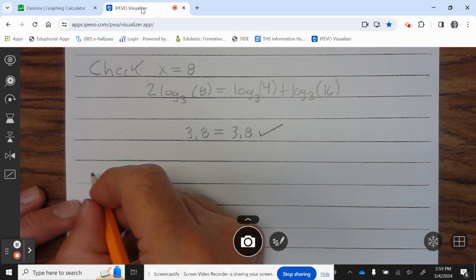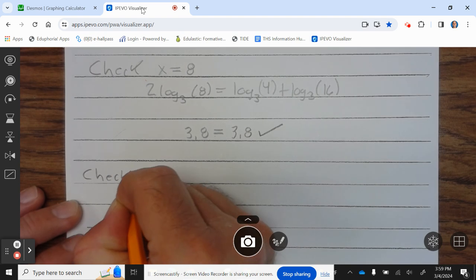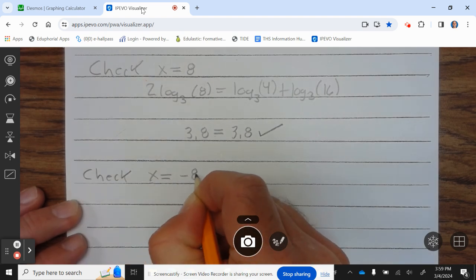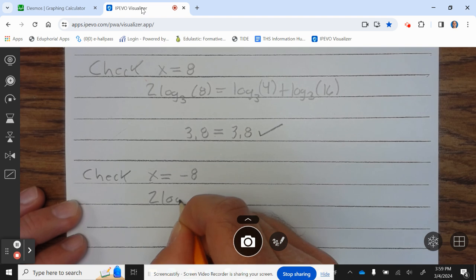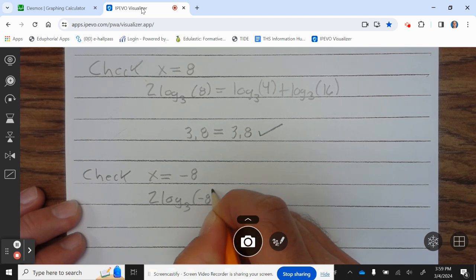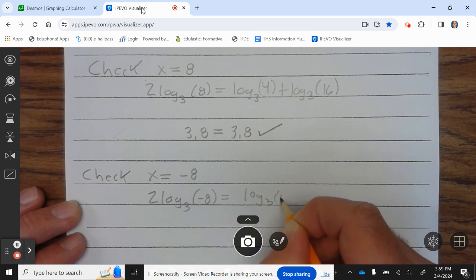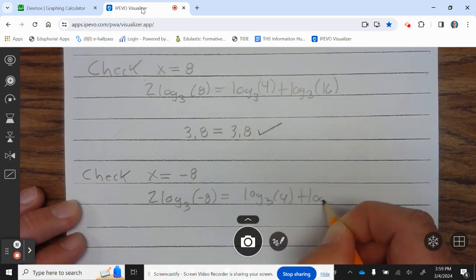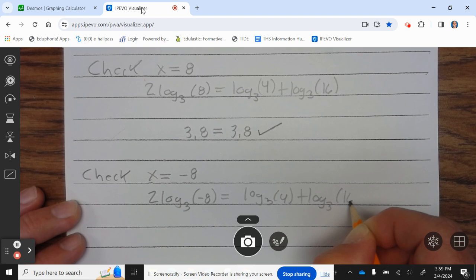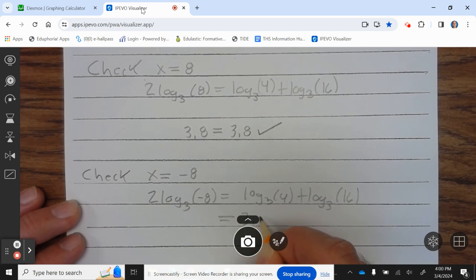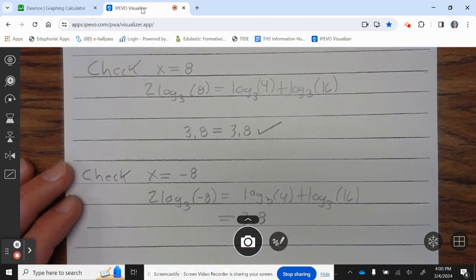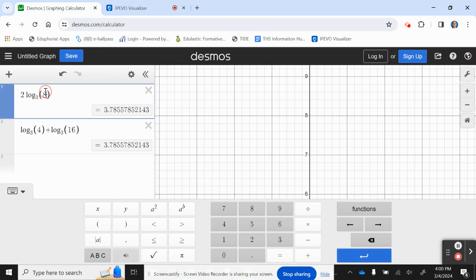Right, now let's check x equals negative 8. So 2 log base 3 of negative 8 equals log base 3 of 4 plus log base 3 of 16, which we already know that the right side equals 3.8. So let's take a look at here. All we have to do is change this to a negative 8.